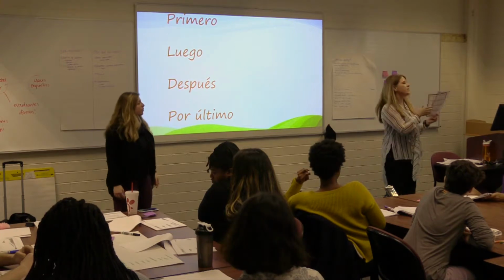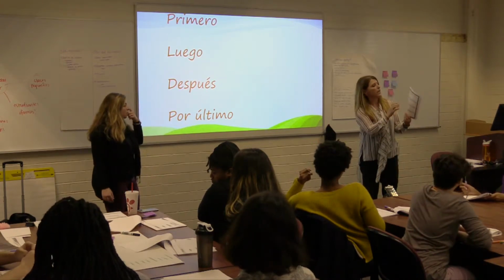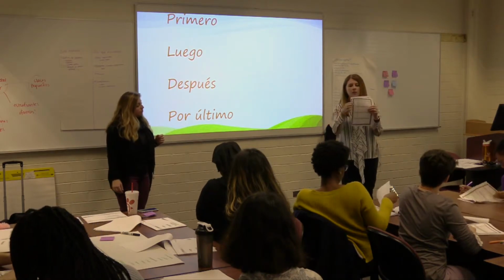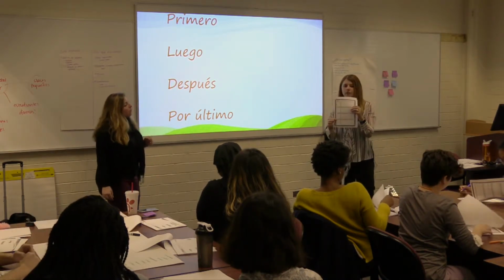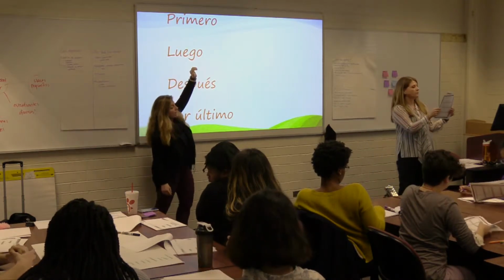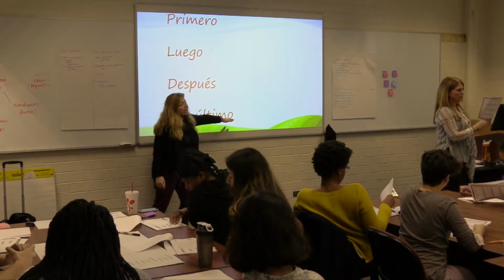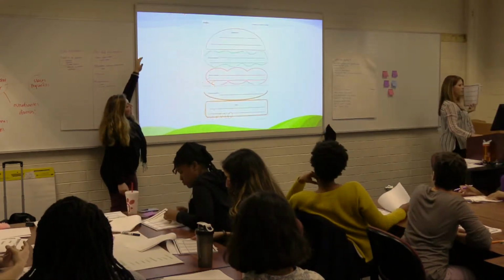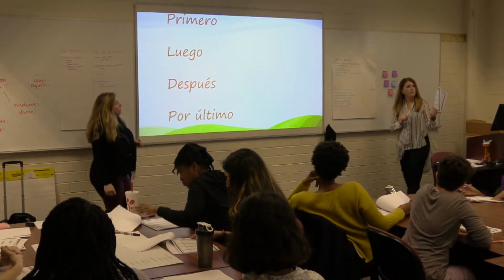What I like about these two is not only do you have a place for the students to write, but you can do a couple of different things with what's on the left. Lo que me gusta de este es que no solamente tienes espacio para que los estudiantes puedan escribir, sino que del lado izquierdo puedes hacer algunas otras modificaciones.